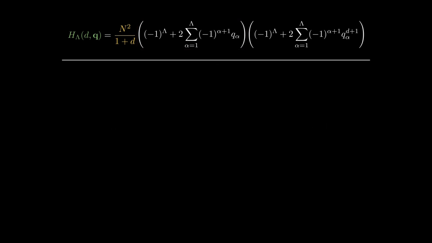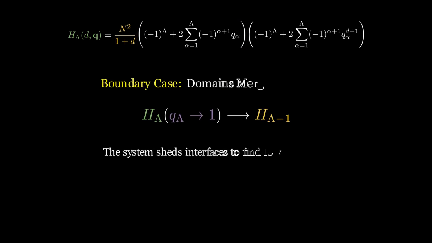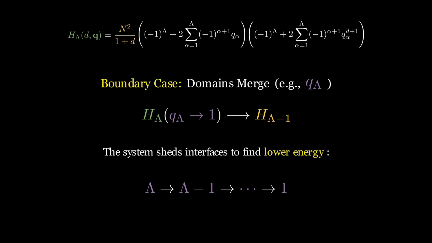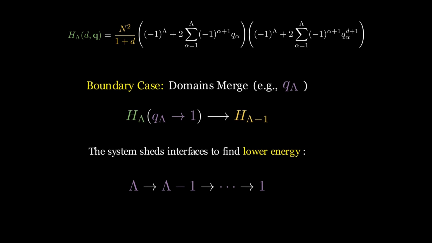But what about the boundaries? While considering the boundary cases, it showed that if any domains were to merge, the system would simply decay into a state with fewer domains, shedding interfaces until it eventually reached the lambda equals 1 case, the single domain wall configuration. To understand this better, let's consider the following example.